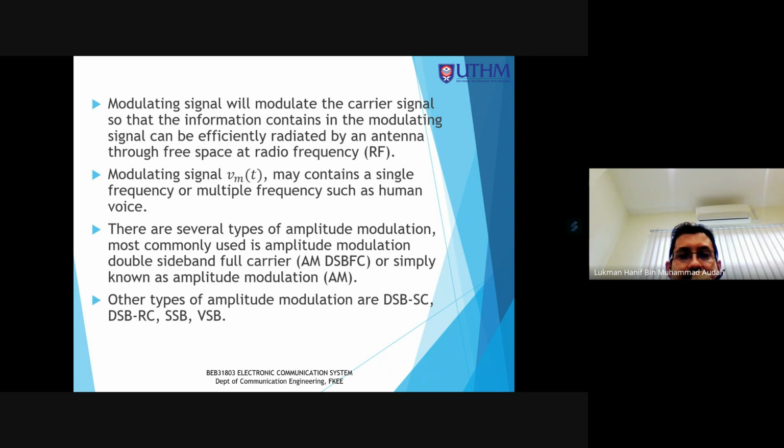So the modulating signal will modulate the carrier, and then it will be transmitted through the antenna as a radio frequency. The input signal, known as the modulating signal, we assign with the parameter VM(t), VM as a function of time.